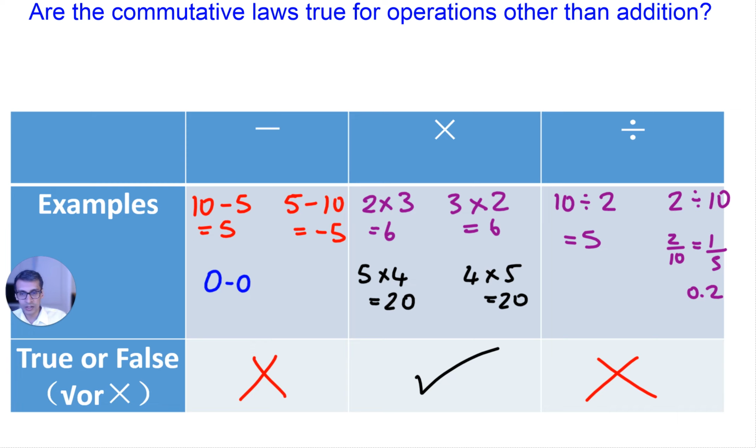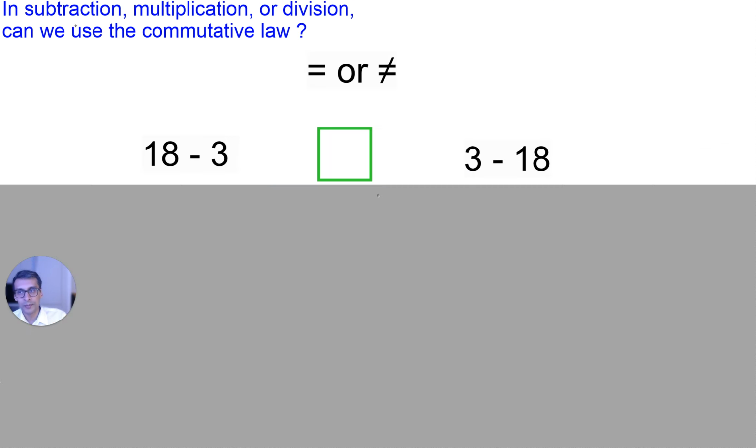So let's just summarize this with a simple example here. Equal or not equal. These are two signs. You may not have possibly seen this sign here. This is just a not equals to sign.